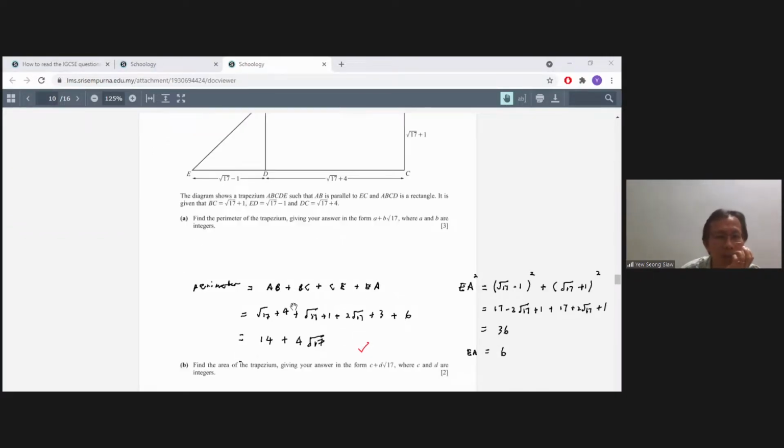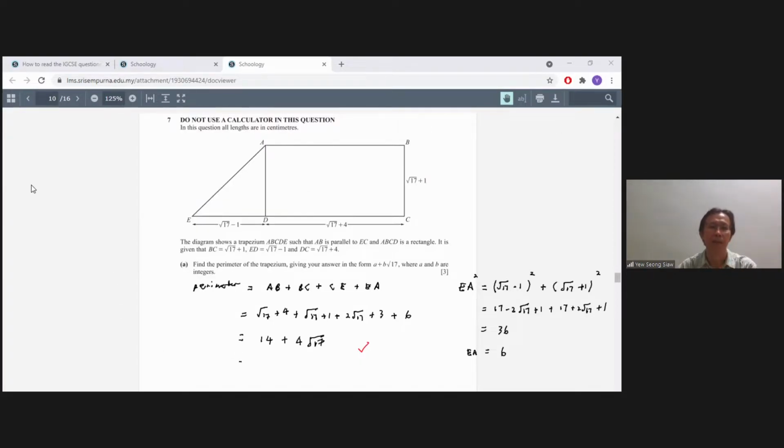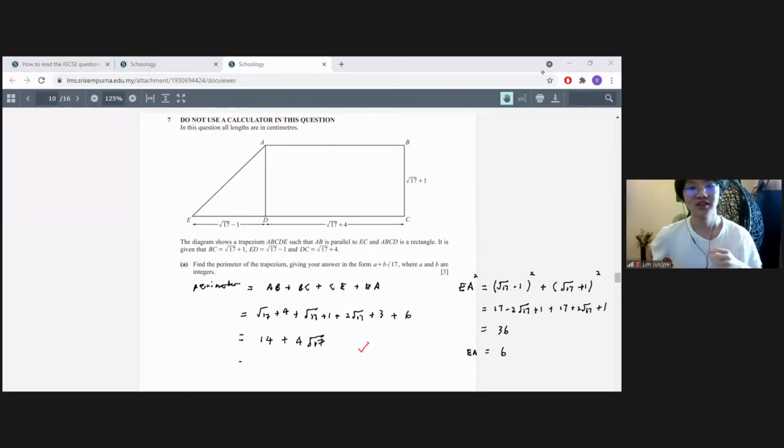Area. Okay, normally find perimeter, next one you find area. Find the area of the trapezium, give your answer in surd form. So we use the area formula.